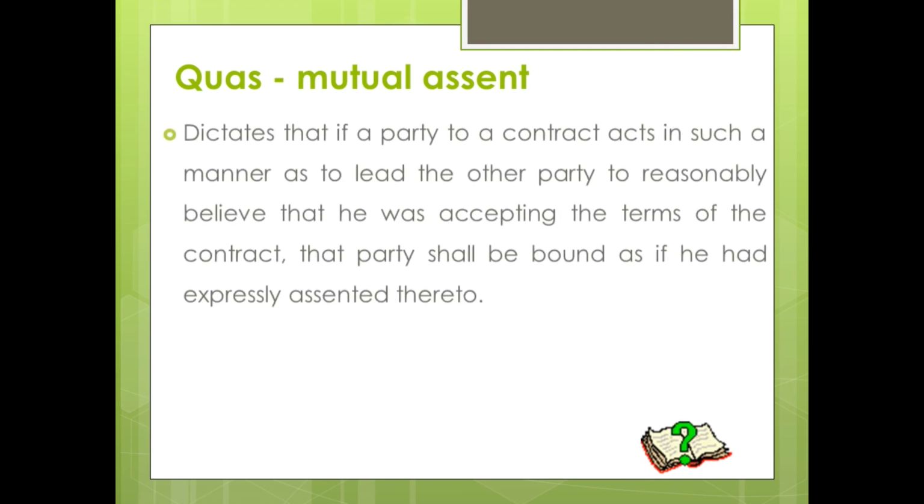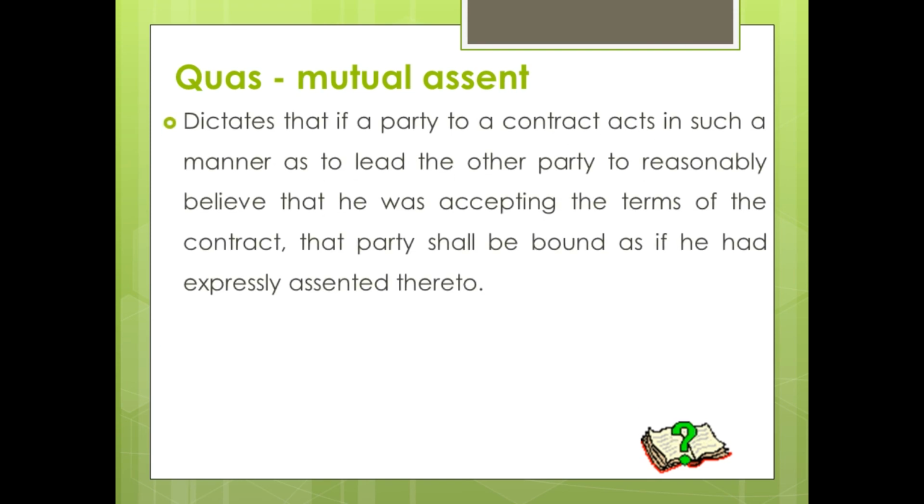Then, next, we have quasi-mutual assent. This principle dictates that if a party to a contract acts in such a manner as to lead the other party to reasonably believe that he was accepting the terms of a contract, that party shall be bound as if he had expressly assented thereto.